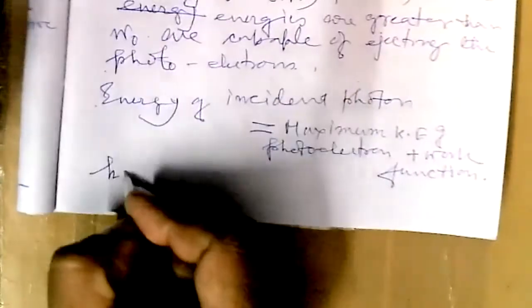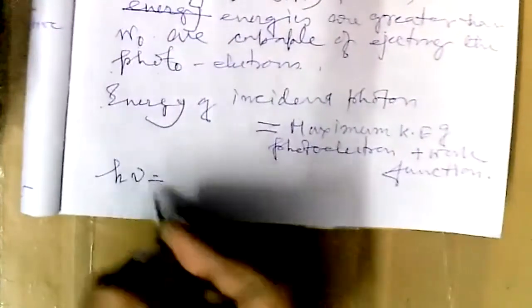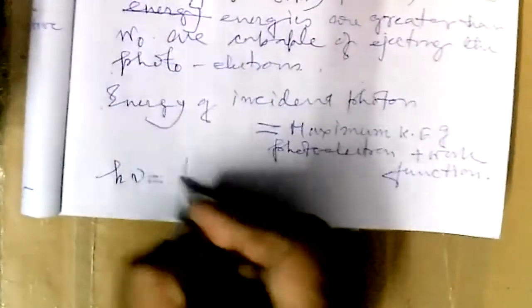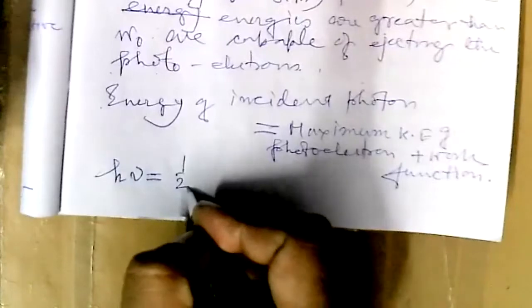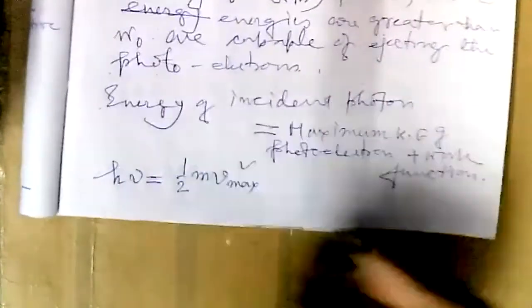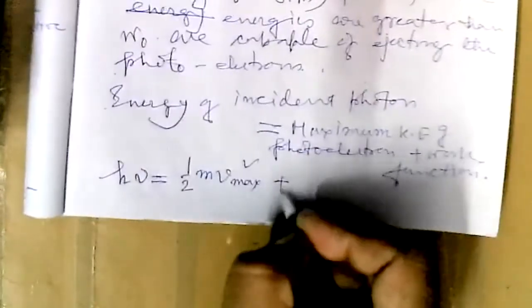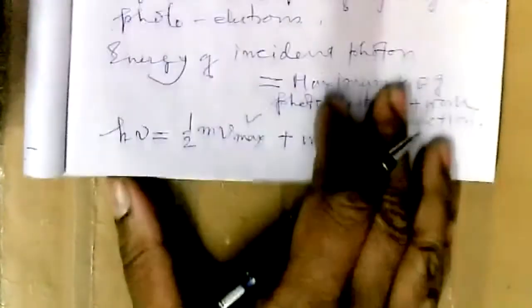So h nu equals half m v max square plus work function.